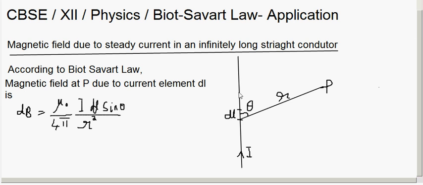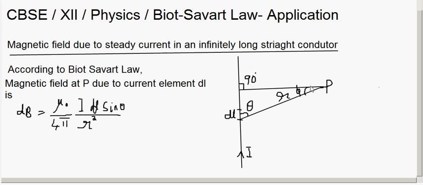Now let us draw a perpendicular from P to this straight conductor. This is 90 degrees.